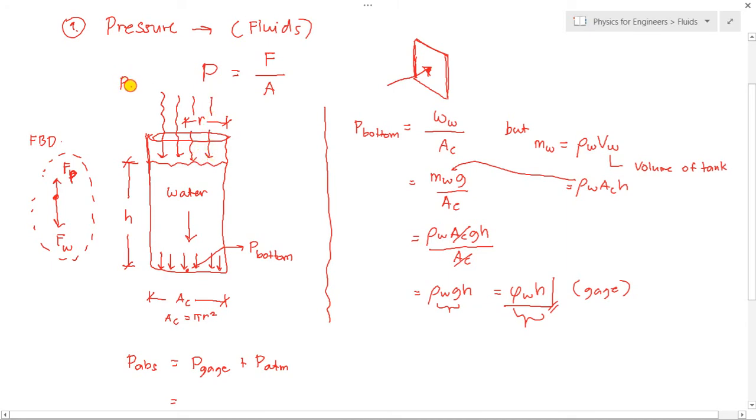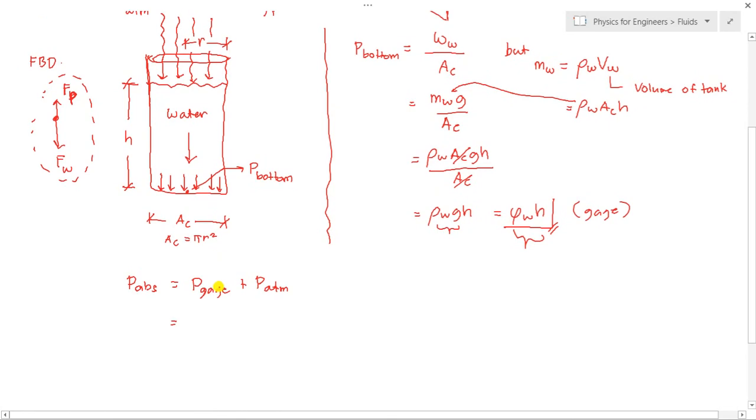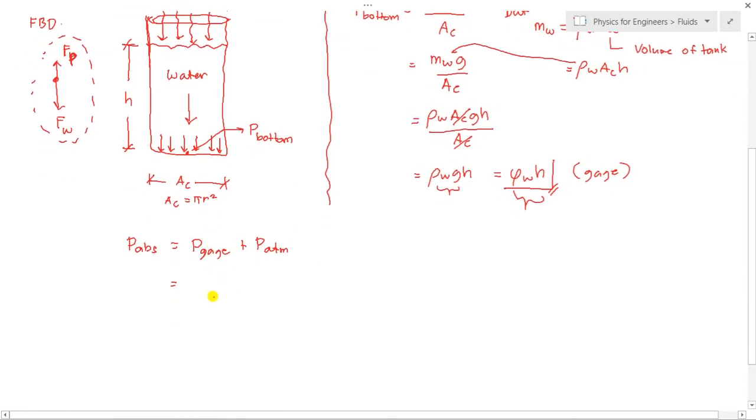Therefore we have here P atm. Since the pressure is downward, we will add the two pressures. That is the gauge pressure, the specific weight of the water multiplied by the height of the water, plus the atmospheric pressure P atm, which is equal to 101.325 kilopascal.